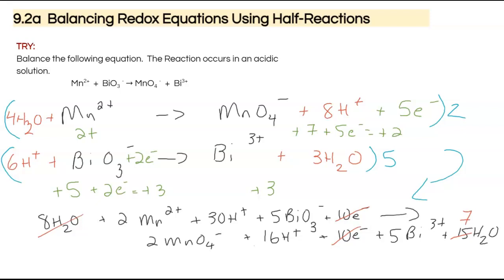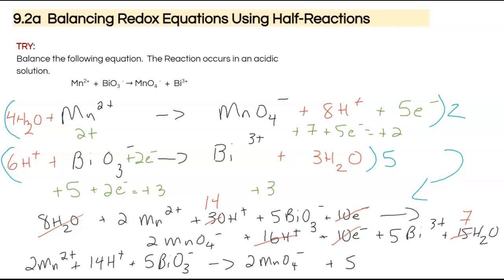I've got 16 hydroniums that I can cancel out, and that will leave me with 14 hydroniums on my reactant side. So overall, rewriting this whole thing again, I have 2 manganese ions plus 14 hydronium ions plus 5 BiO3-, reacting to make 2 permanganate ions plus 5 bismuth ions plus 7 waters.